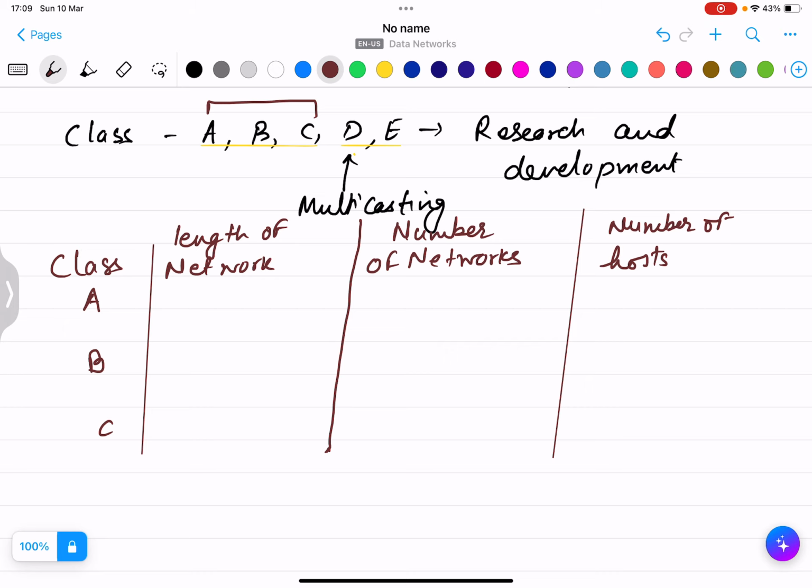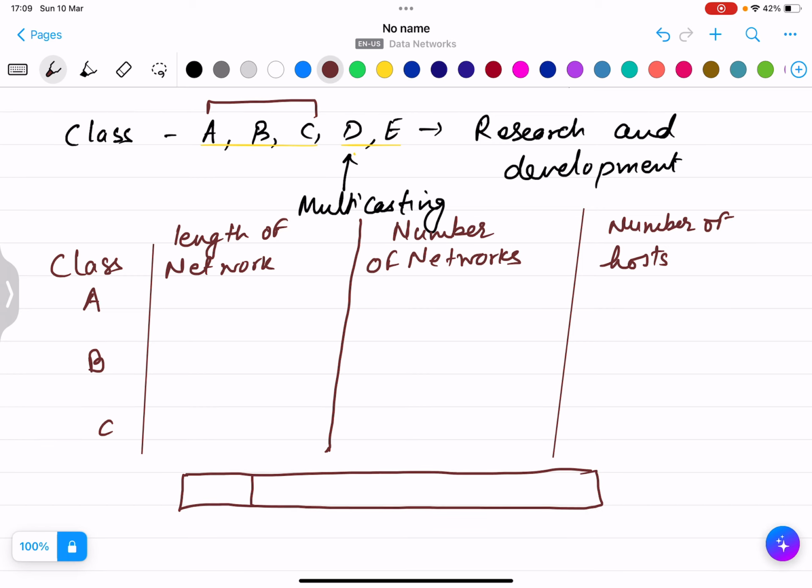So basically we have these 4 octets. Maybe they are not similarly shown, but they all are of 8 bits.